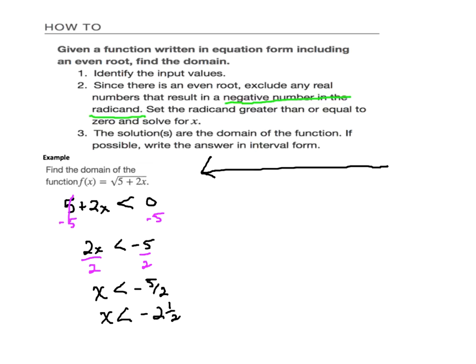So if I look at a number line, I'm going to end up with a negative under the square root when x is strictly less than negative 2 1/2. So here's 0, here's negative 1, here's negative 2, and here's negative 3. This is negative infinity out here, this is positive infinity out there, and about right here is negative 2 1/2.